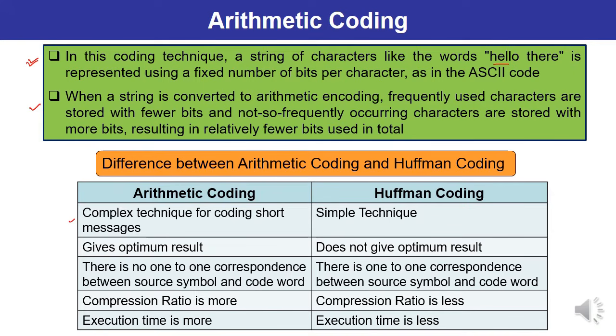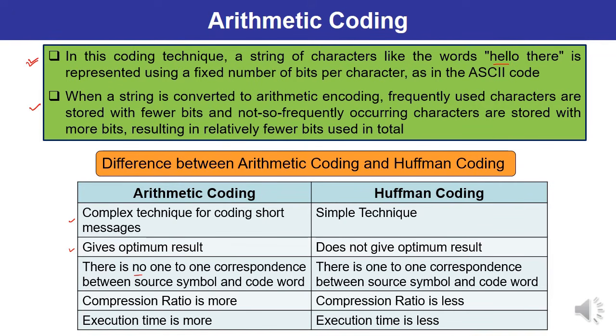Arithmetic coding always gives optimal result while Huffman does not give optimal result. You have seen in the case of the Huffman coding, it is a variable length coding. In case of arithmetic coding, there is no one-to-one correspondence between source symbol and code word. But in case of Huffman coding, there is one-to-one correspondence between source symbol and code word.